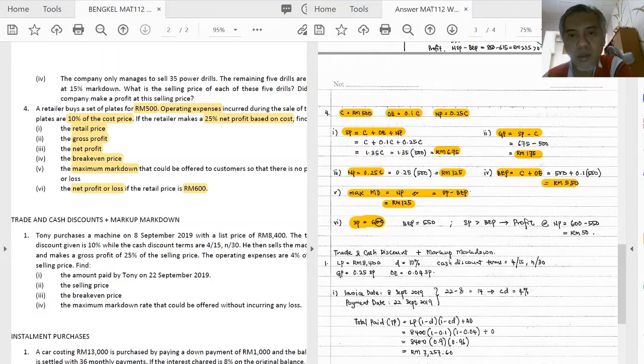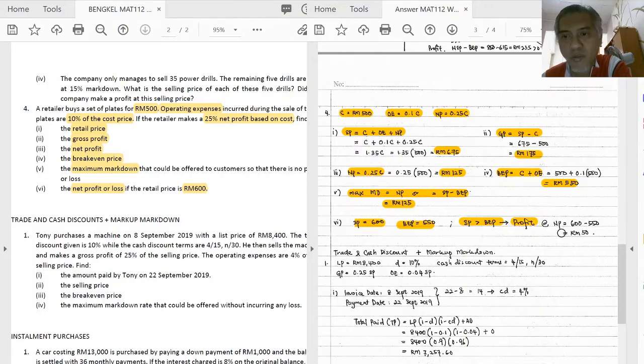The selling price is 600 at this moment and the break-even price is 550 ringgit. You see that the selling price is higher than the break-even price, so that means the retailer will gain profit.